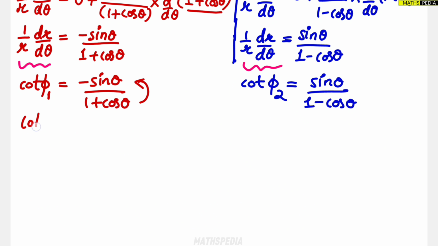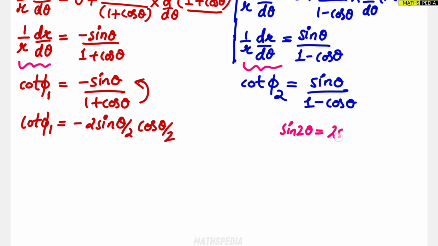This can be written as what? We have already studied. Sin theta can be written as 2 sin theta by 2 into cos theta by 2. Very simple, we have already discussed, but still I will tell you that we are applying the formula for sin 2 theta. We have 2 sin theta into cos theta. Angle, I need just theta.